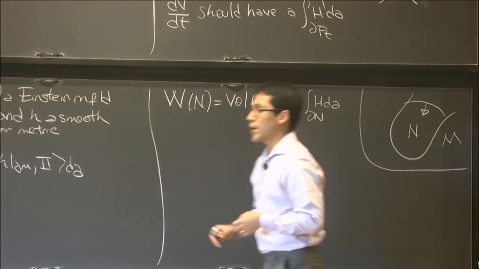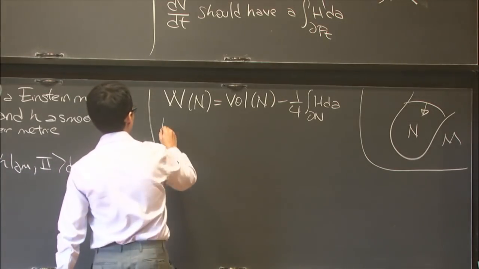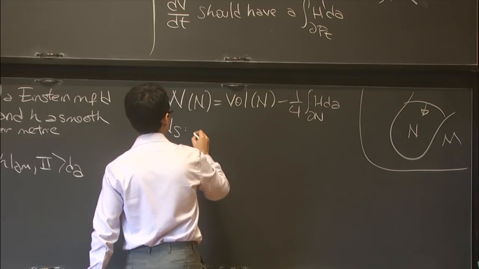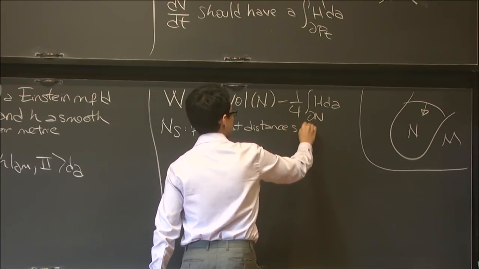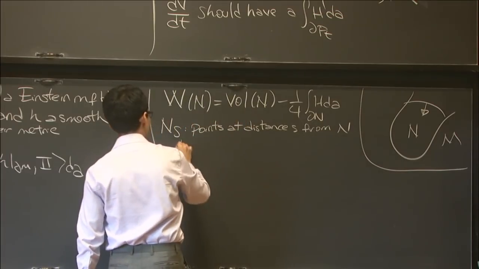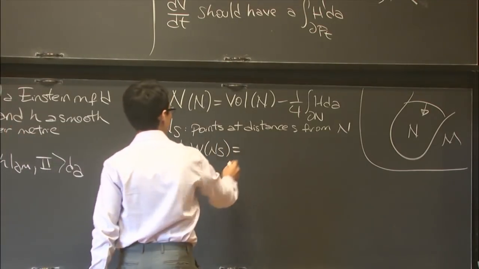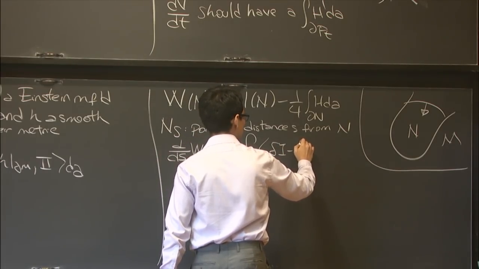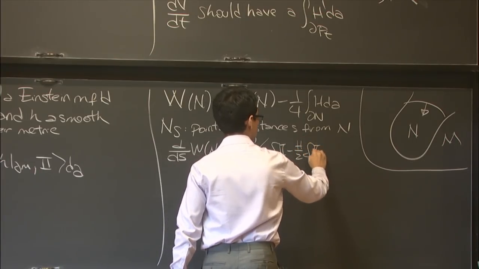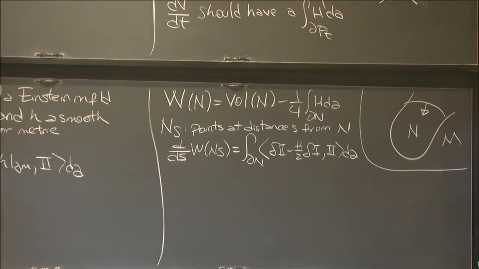If we define now this quantity, we can take N_s, which is the points at distance s from N. If you were to differentiate the W-volume of N_s, you should obtain the following formula.